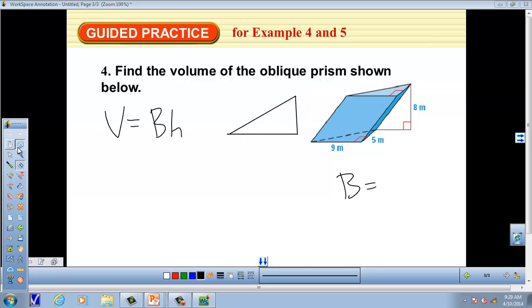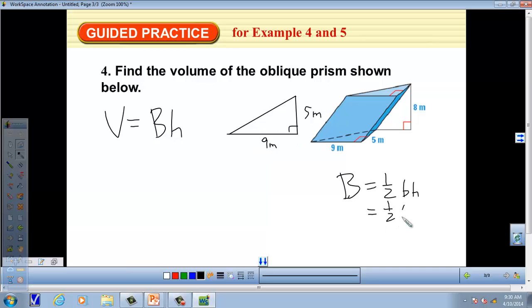So if this is 90 degrees here, and this is 9 meters, and this is 5 meters, the formula for area of a triangle is 1/2 base times height. This big B is area of the base. Small b is the length of the base. So here we would have 9 times 5, and I'm going to leave this as 45 over 2.